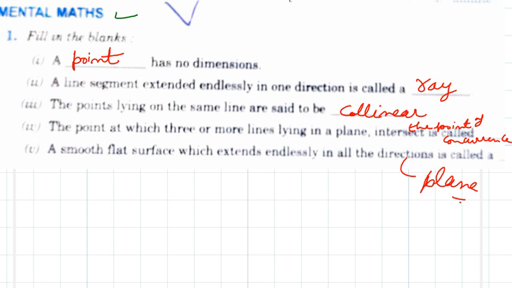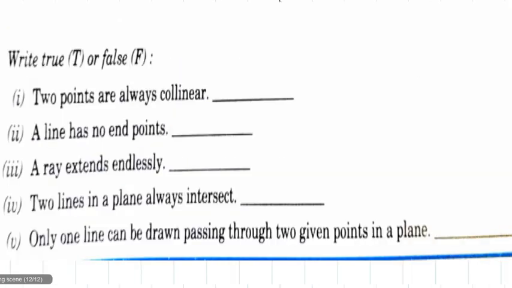Next is true or false. 2 points are always collinear, so this is true. A line has no end points, so this is also true.